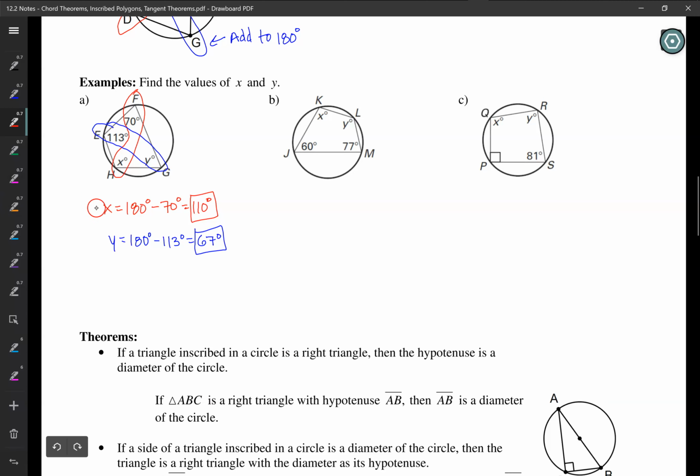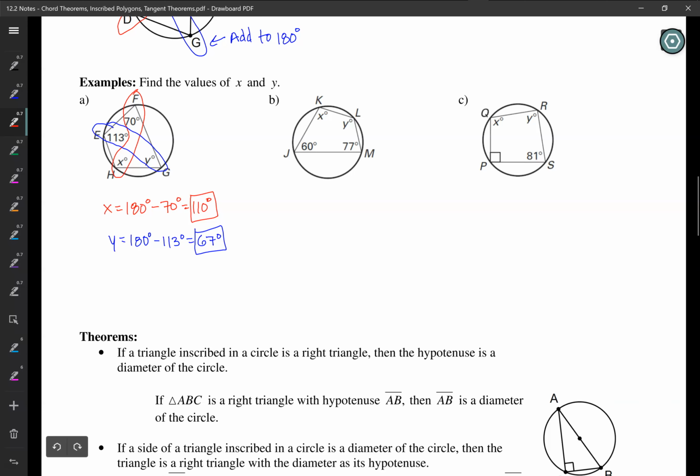Please make sure that you write x equals and y equals so that I know which angle is which. Otherwise, I don't know whether you know which one is 110 and which one is 67. So make sure you label them as x equals and y equals.